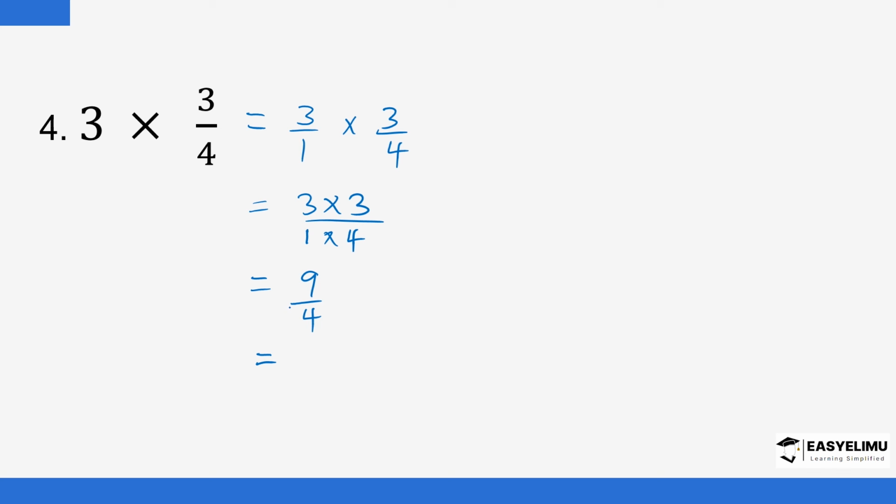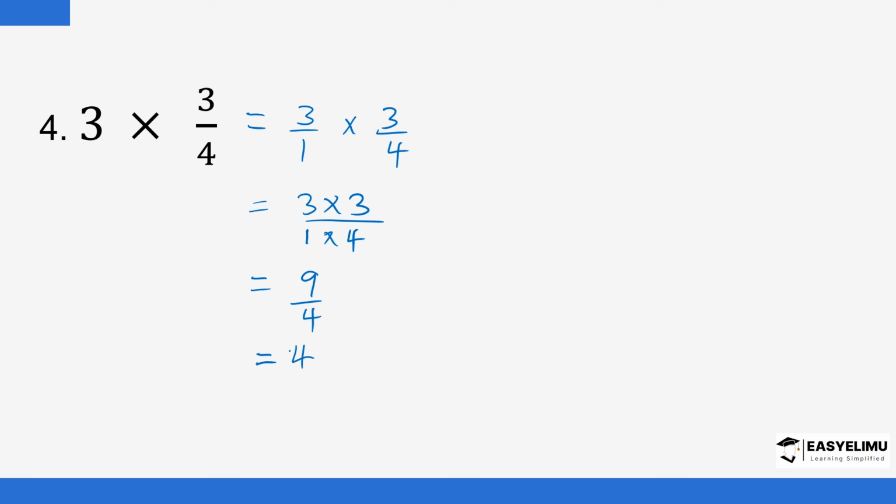Now 9 over 4 here cannot be left in this form because it is in improper fraction form. So that is not acceptable as the final answer. So what do you do? What you do is to break down this 9 into components of the denominator, and we are starting with 4. So you continue with that until you cannot add 4 further.